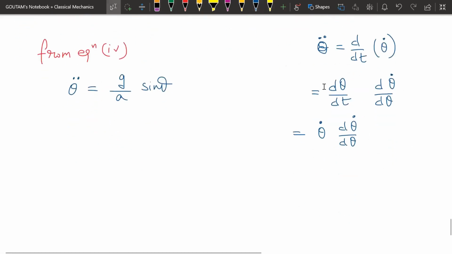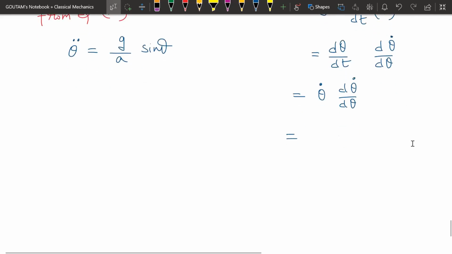And this is just the chain rule. d/dt of some function will be d theta/dt times d of that function by d theta. It's like the d theta cancels and we get d theta dot/dt. That cancellation is just a way to remember. It's not exactly what is happening.